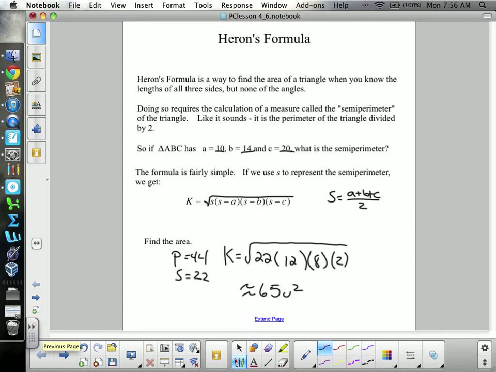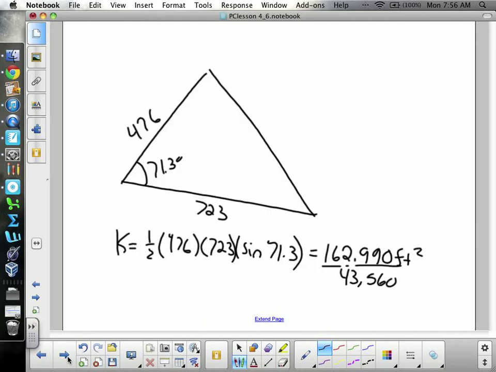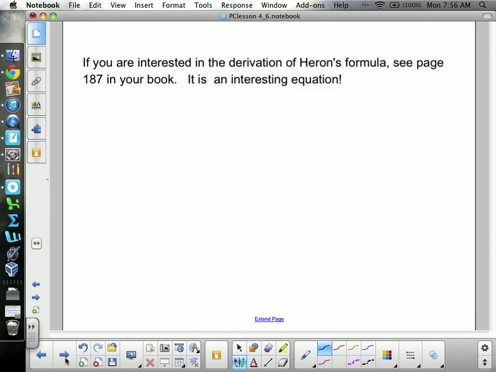Pretty darn easy, and a nice little formula to have. Like I said, this is actually potentially very useful in the real world for finding areas. It's an interesting equation.